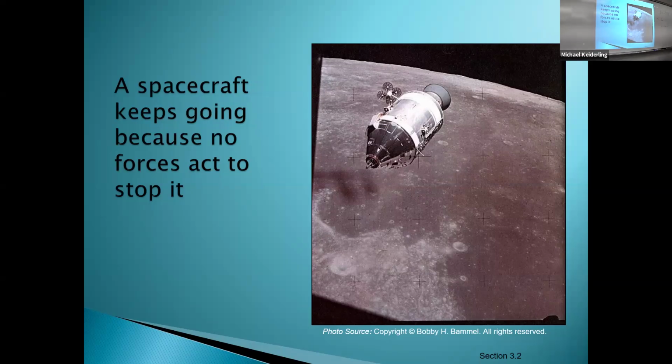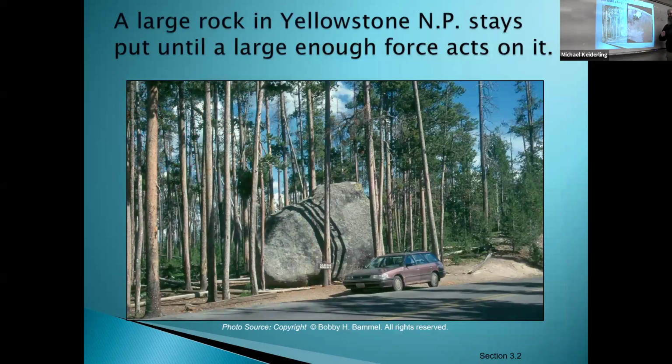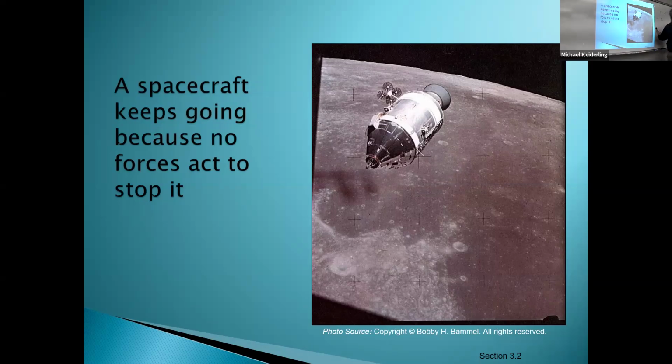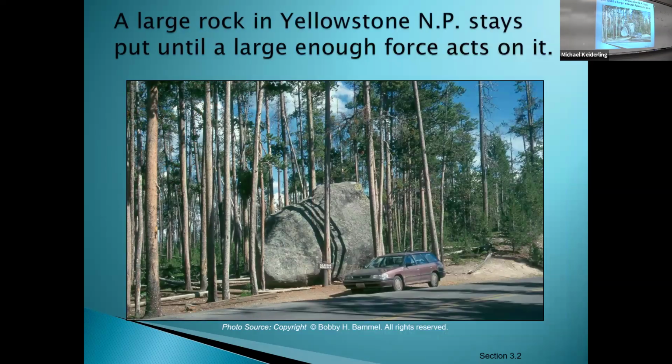So, yeah, not the best example, but that's sort of the closest we can get. Here we have another example: this large rock in Yellowstone National Park will stay put unless a force acts on it that's big enough to cause it to move.